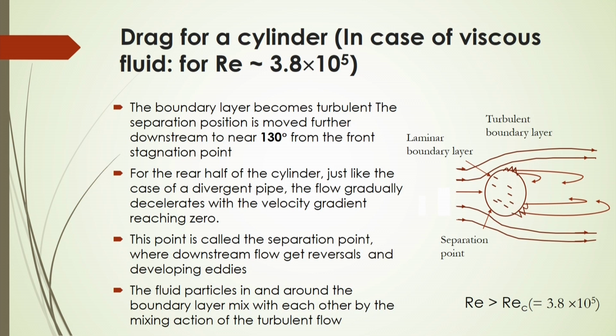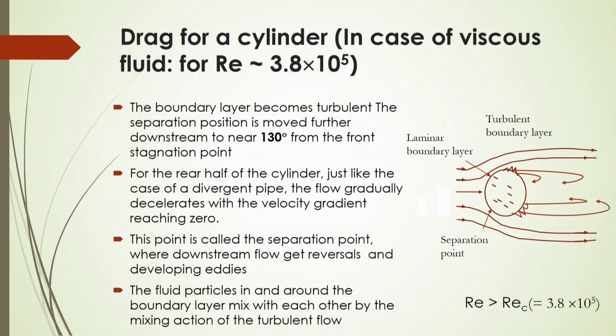So, at this critical Reynolds number of 3.8 into 10 to the power 5, in the rear half of the cylinder, just like a divergent pipe, the flow will decelerate and the gradient will almost become 0, and that point is called the separation point.